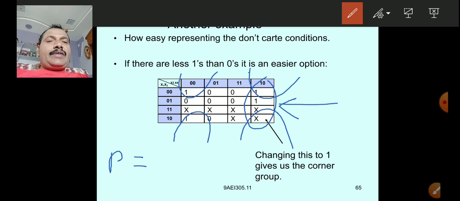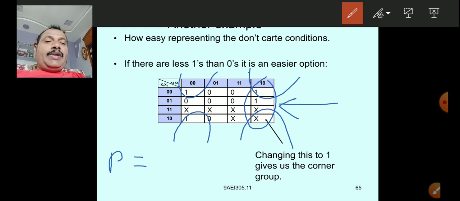This quad is covering four rows and a single column. Whenever you move from top to bottom on the row side, the variables x1 and x2 both change from 0 to 1, hence both are eliminated. So take it as 1.